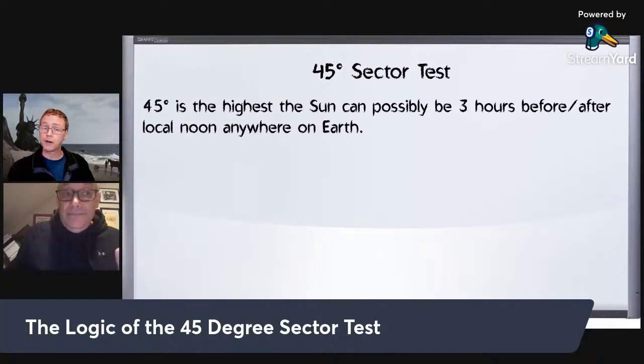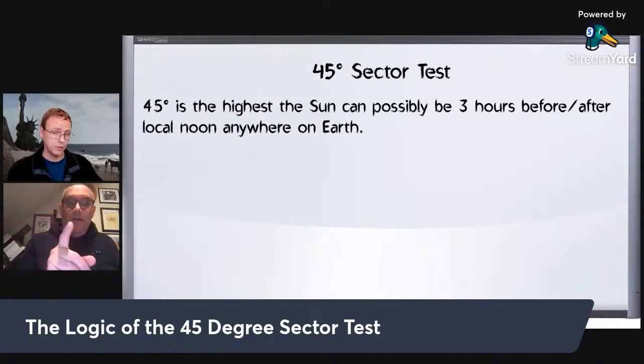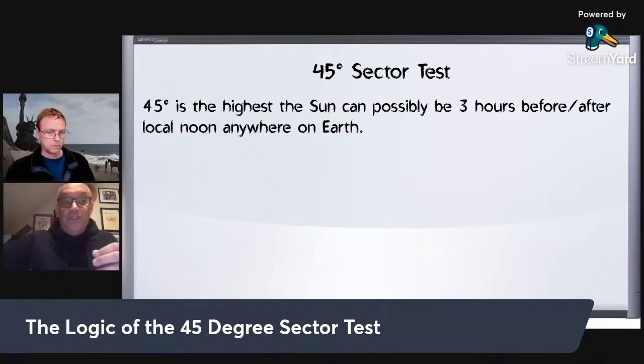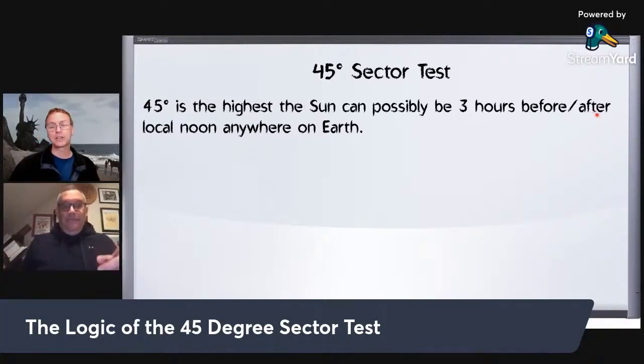Well, 45 is the highest it could be, if you're at the subsolar point 3 hours after, according to what we just talked about. But we're not, as the observer, because we're 3 hours from the subsolar point. You're right, and that is confusing. I am saying very specifically, we have to remember 3 hours after it was noon there. Right.